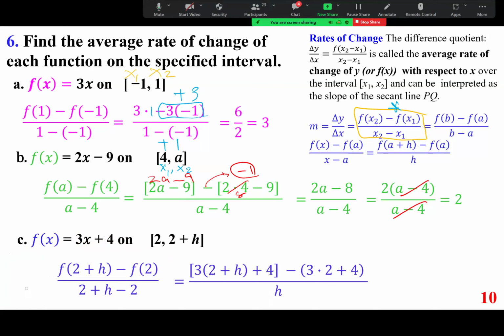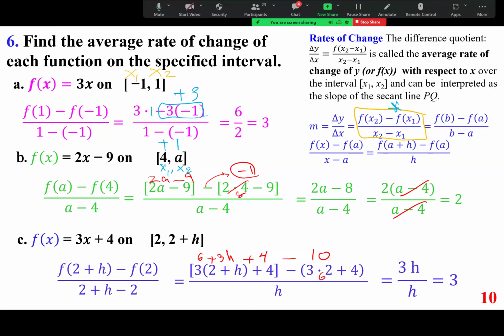All you have to do is simplify the numerator, and everything cancels out in the numerator except 3h.